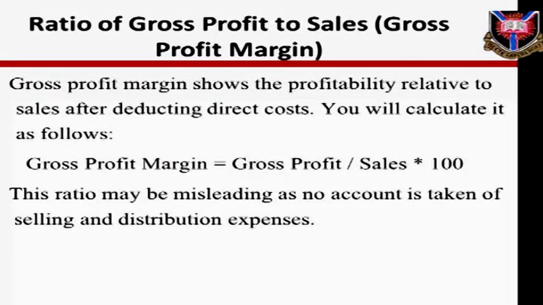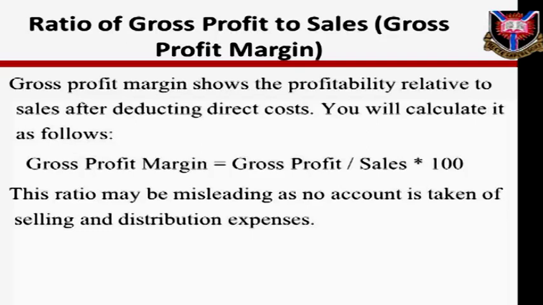Gross profit margin shows the profitability relative to sales after deducting direct costs. You will calculate it as follows. Gross profit margin equals gross profit over sales times 100.